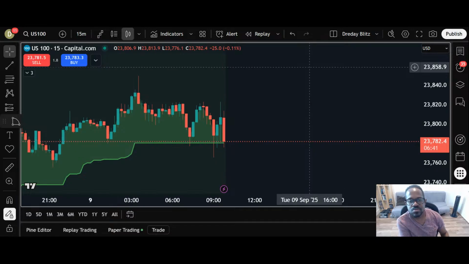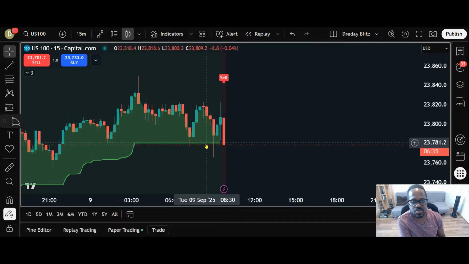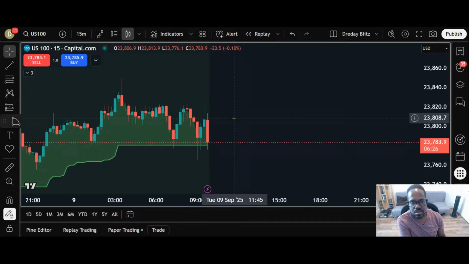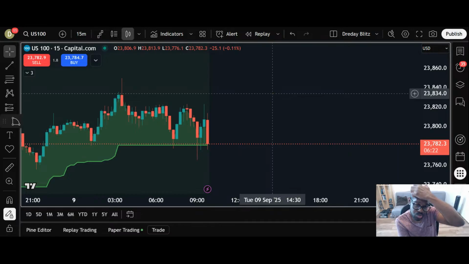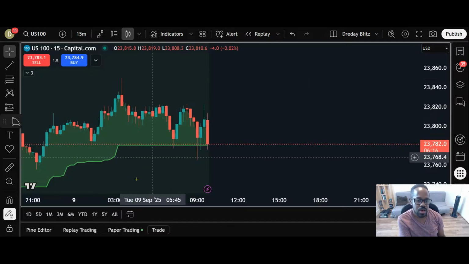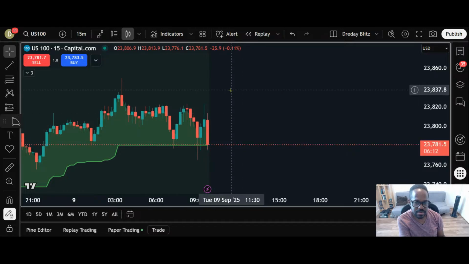You see when the price action goes below this trend line, it starts to show that it's going down. So it's a sell. To confirm that the actual sell is done, that candle needs to close below this trend.